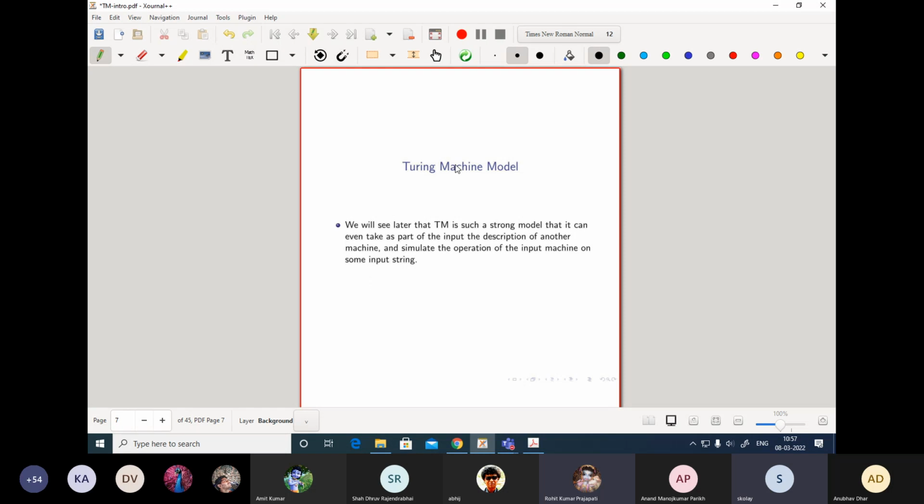So we will also see why this is so strong. We will see that there is something called universality in Turing machines, which means that, to start off, you can encode another Turing machine as part of the input of a Turing machine.